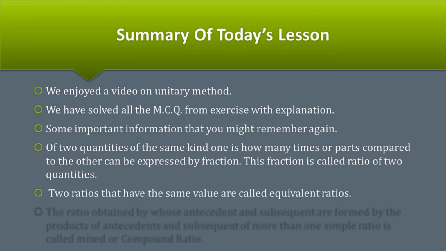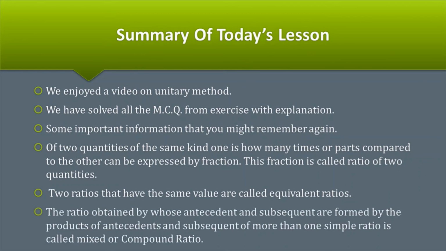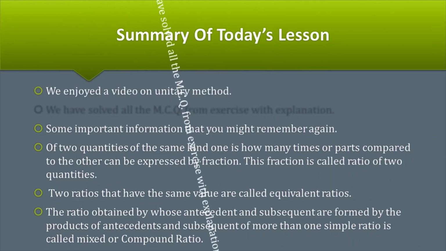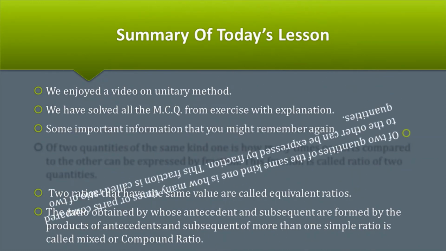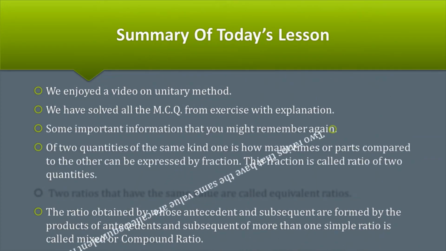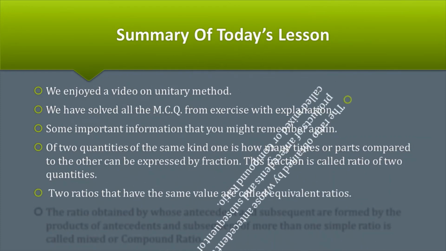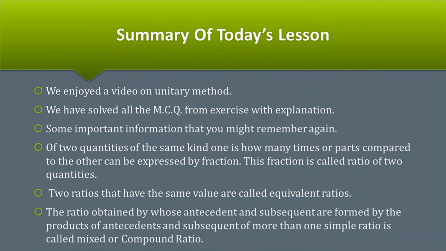Two ratios that have the same value are called equivalent ratios. The ratio obtained whose antecedent and subsequent are formed by the products of the antecedents and subsequents of more than one simple ratio is called a mixed or compound ratio. So this is the summary of today's lesson, my dear students. The important topic is ratio, and we have solved all the MCQs, and this is mixed or compound ratio.